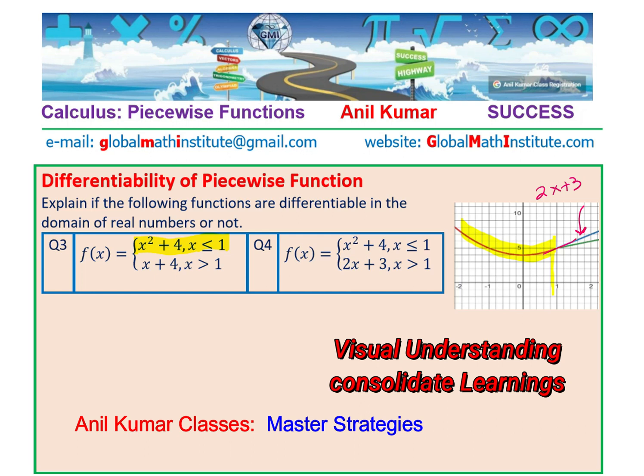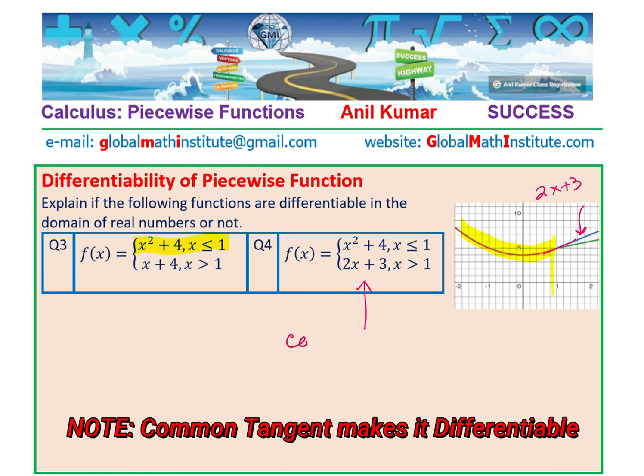You see that? That common tangent we have, right? So in this case, we have a common tangent, and therefore it is differentiable, right? At that point we have a common tangent and therefore it is differentiable.